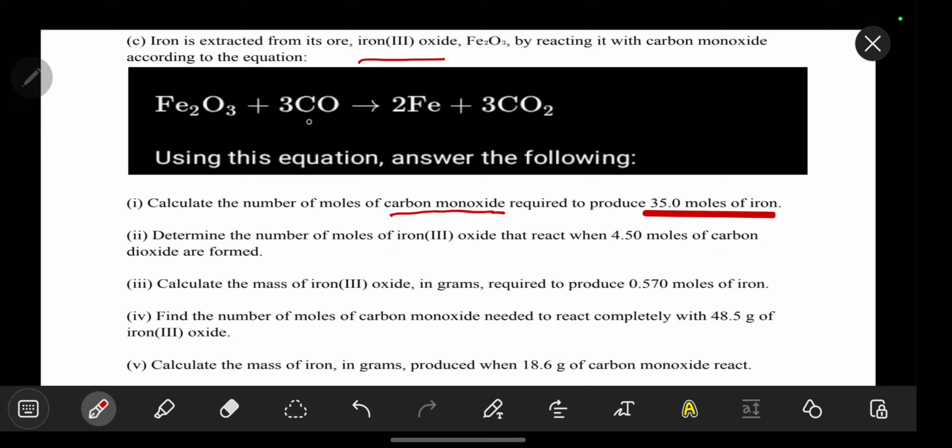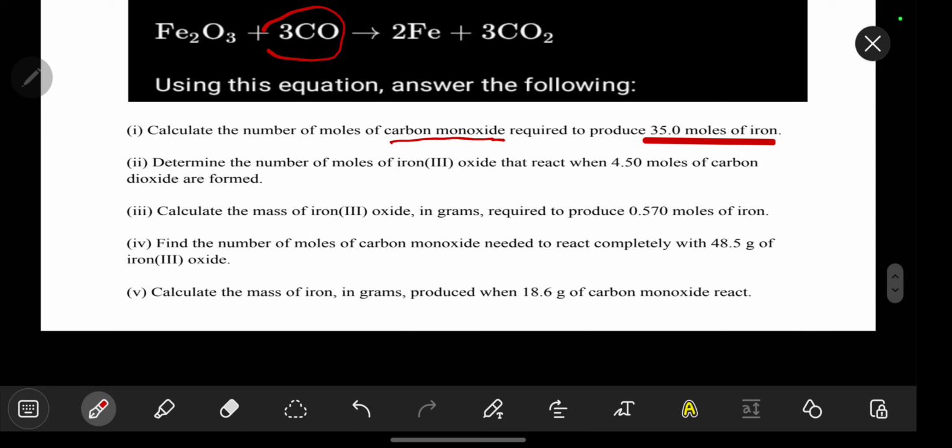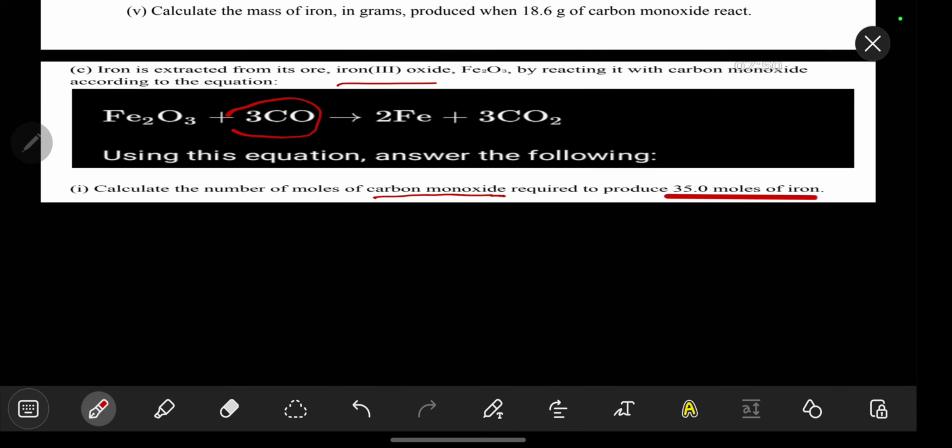So carbon monoxide, we have this one. From the equation, the numbers in front are the number of moles, so we can establish that. Calculate the number of moles of carbon monoxide required to produce 35.0 moles of iron.